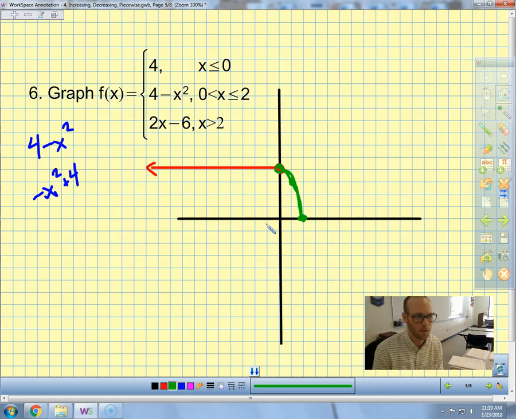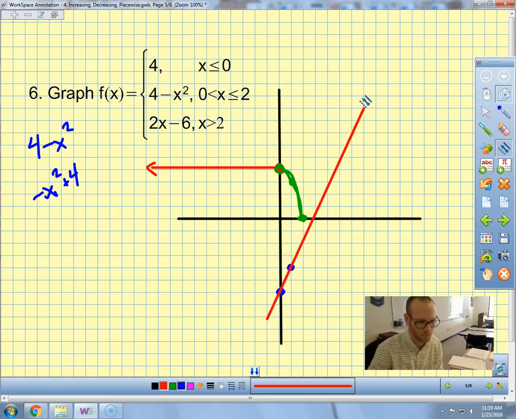Then we've got 2x minus 6 for x's that are greater than 2. Y-intercept is negative 6. Slope is 2, up 2 over 1. And there's my graph.